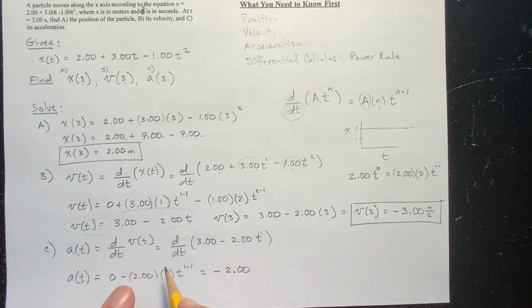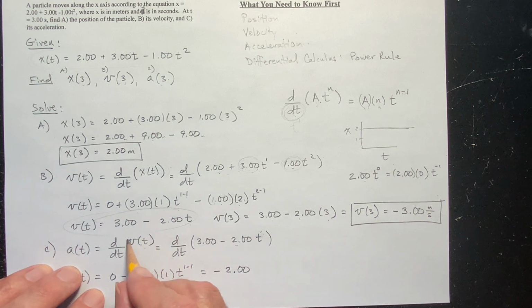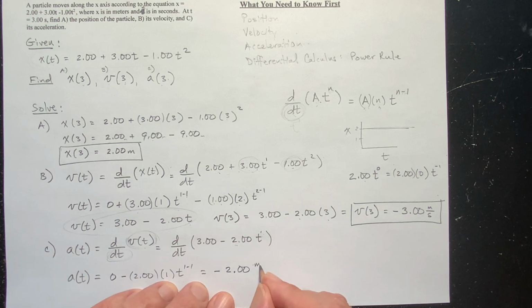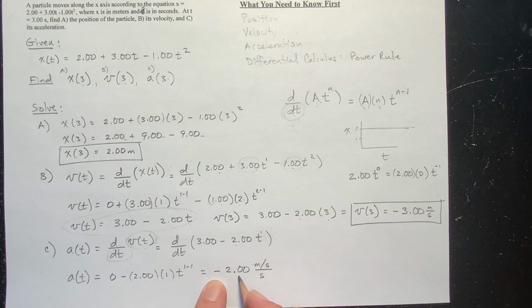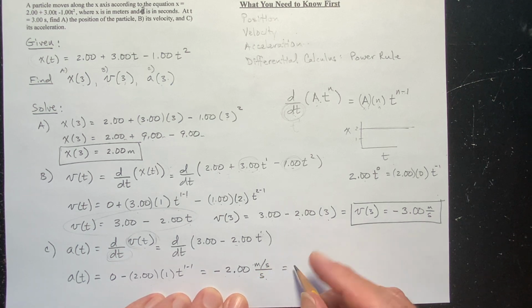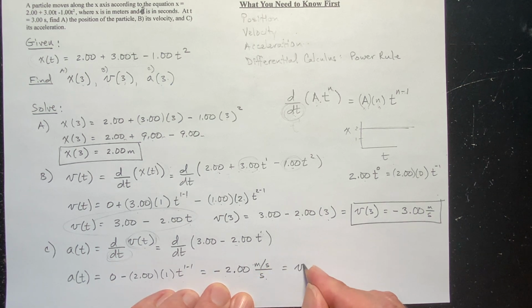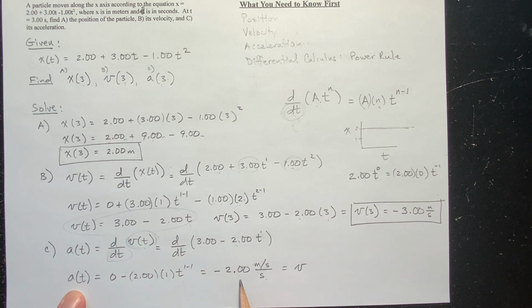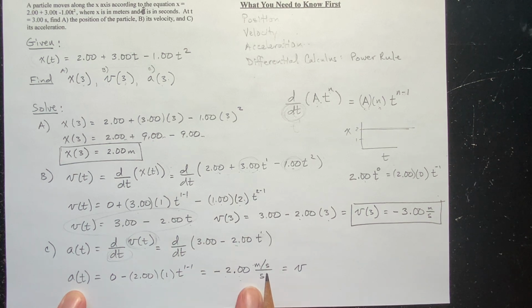And the units are, well, this is meters per second every second. So you can write this as meters per second every second. It changes by negative 2 meters per second every second. That's what acceleration means, right? But we don't usually write the units that way. And by the way, notice that the acceleration doesn't depend on time.